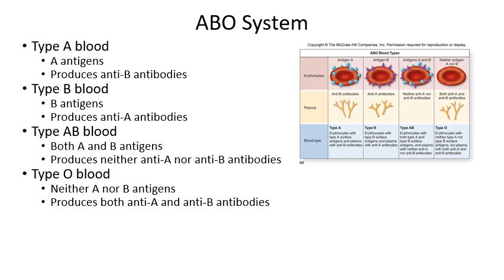So let's look at this. Type A is the A antigen. Remember, they won't make A antibody because A antibody would bind to their own cells. But there are no B antigens, so the immune system makes B antibody. Vice versa, antigen B is B blood.